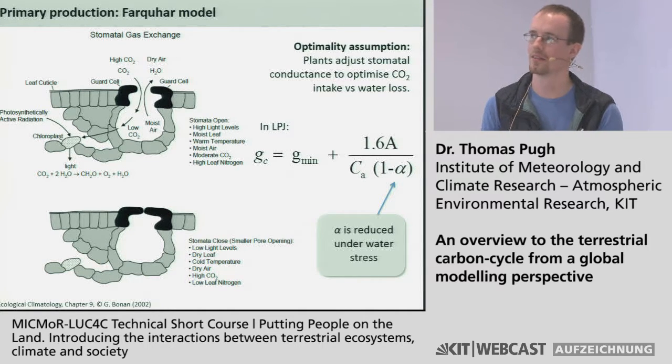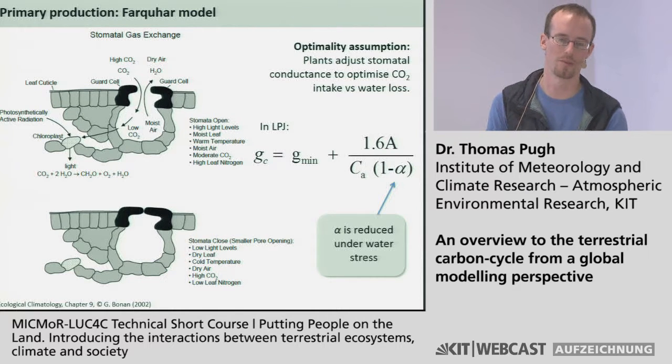And this could be quite a difficult process to model if we think about all the biochemical and biophysical processes that are going on inside the leaf. But what we tend to do when we're modeling it is what we do with many environmental problems. We simplify them by saying that the plant does what's optimal, and therefore we can bring it down to a very simple equation.